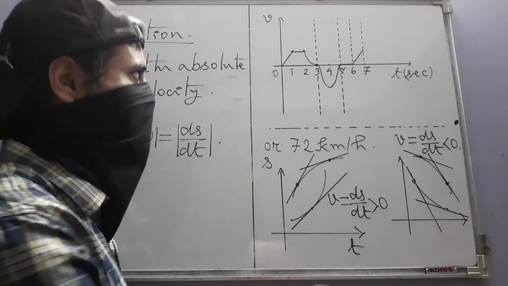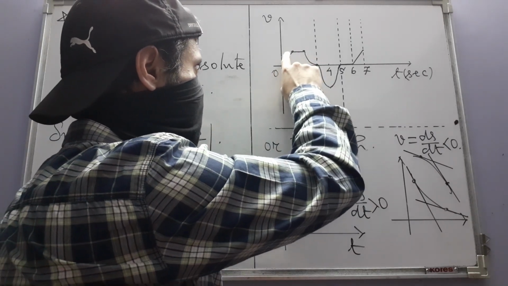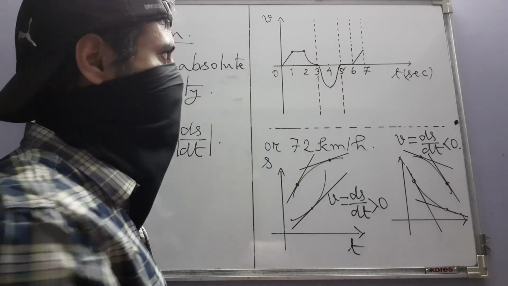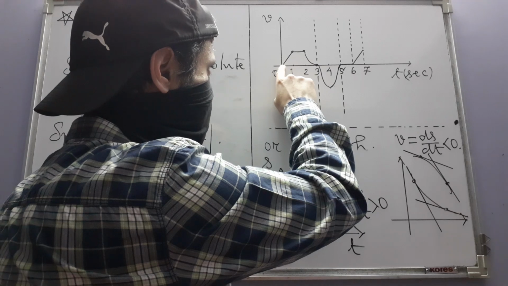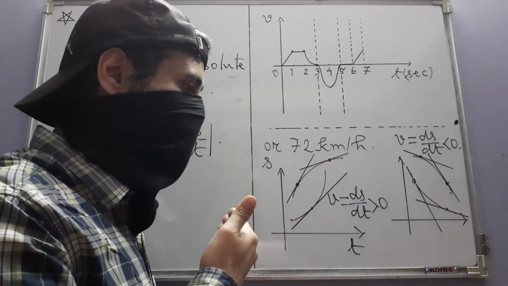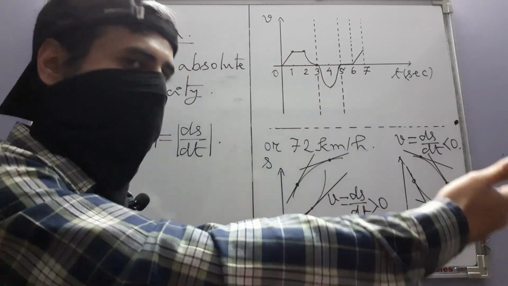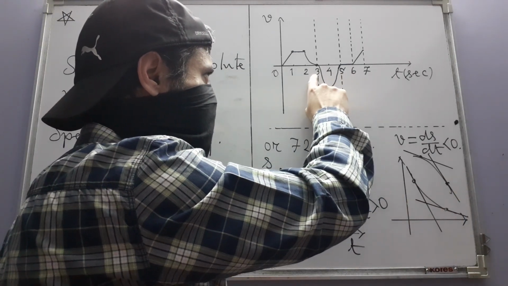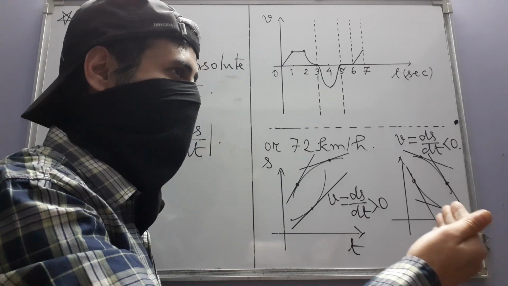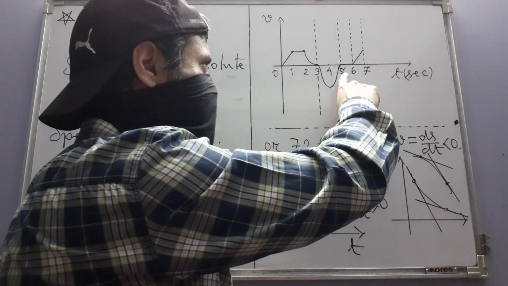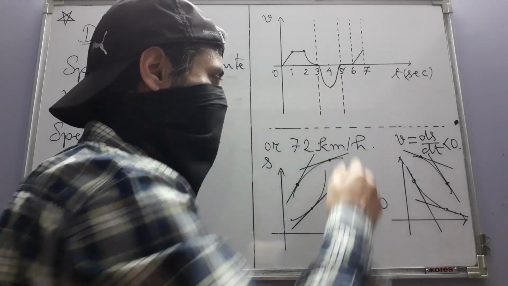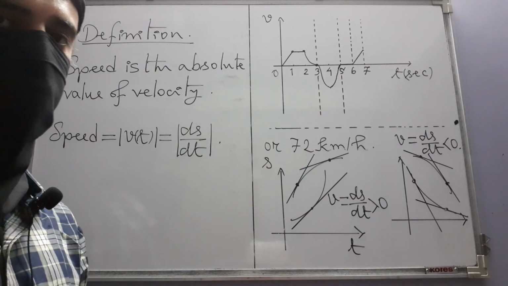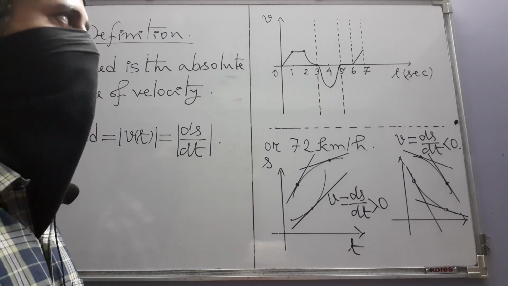You can see that here the object changed its direction of motion. During the first 3 seconds, it's going away. We can call it forward motion. During this 2 second interval between t equal to 3 and t equal to 5, it's having backwards motion. During the interval 5 to 6, there is no motion, and again forward motion in the interval 6 to 7.